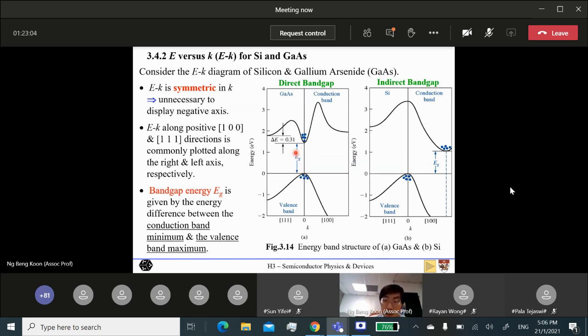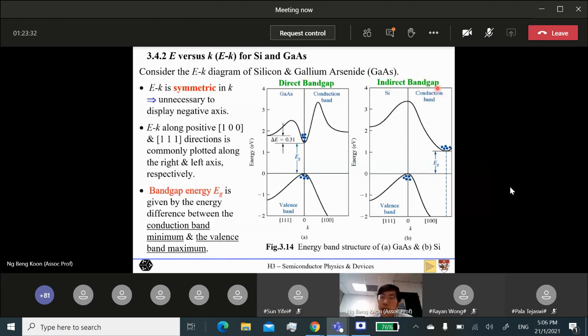This implies that the transition can occur readily, with a high probability. So in a direct bandgap semiconductor, this recombination process can occur readily to emit a photon. In other words, a direct bandgap semiconductor can emit light quite readily. That's the property of a direct bandgap semiconductor.